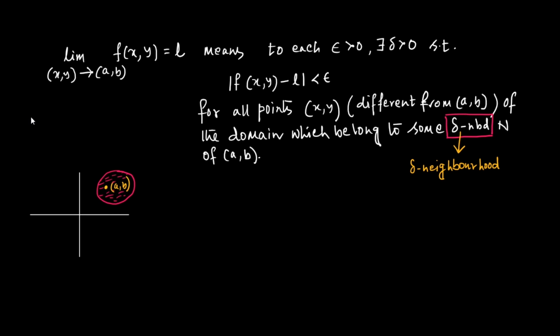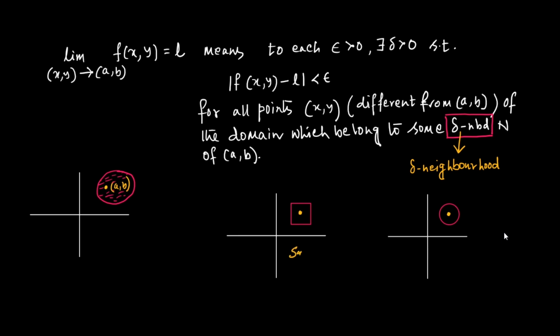So by delta neighborhood of a point (a, b), we mean a region around (a, b) whose area depends on the parameter delta. Some examples of delta neighborhood are, the first one is a square neighborhood.